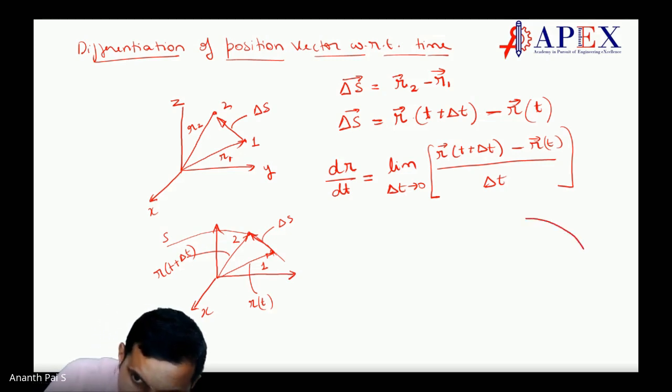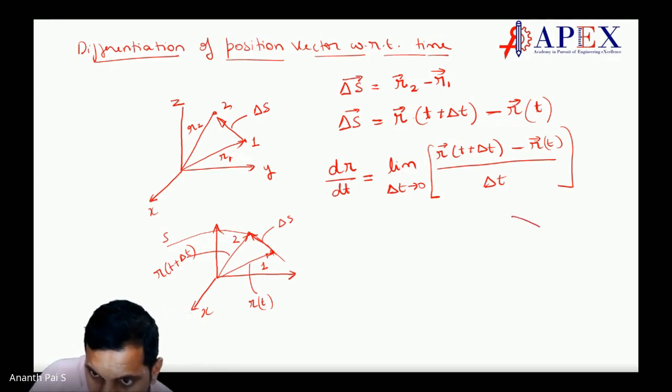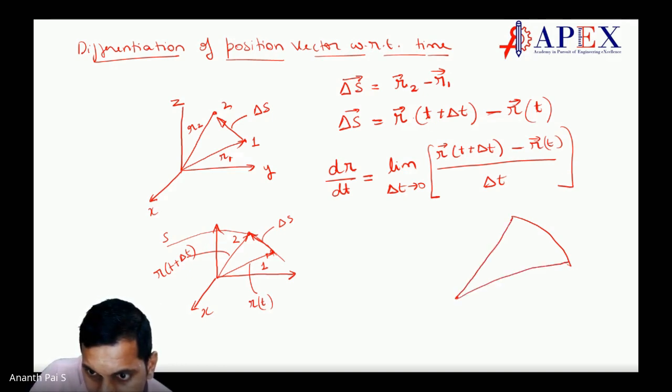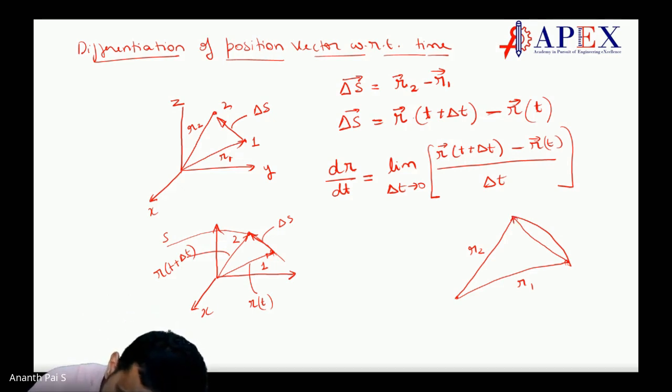Now when I consider a curve like this, when I consider a curve in this fashion, delta R, when you take, say this is R1, this is R2. Delta R is this distance. This is delta R.